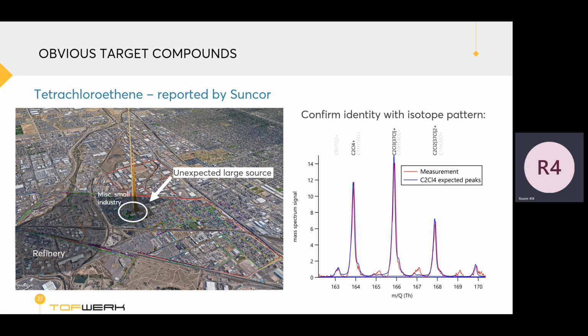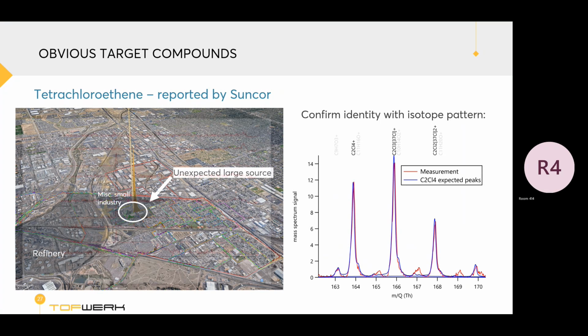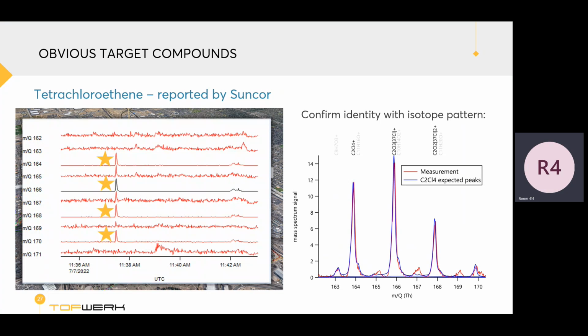For tetrachloroethene, the pattern looks like this. Tetrachloroethene itself is going to have echoes of the isotope. In the tetrachloroethene time series, we see something like this. There's tetrachloroethene itself. Here are the echoes. This is the pattern that we're looking to find for other compounds.